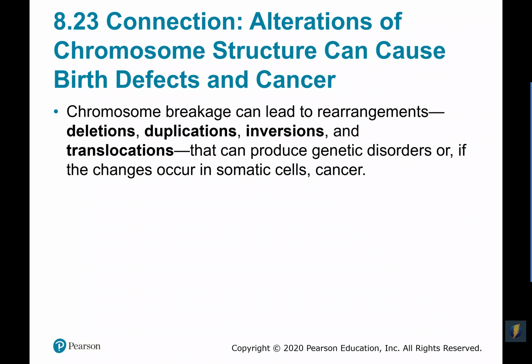Now, of course, there are ways that we can mess up our chromosomes structurally that can end up resulting in birth defects and cancer. Something like a deletion, a duplication, inversion, or translocation can result in a whole host of different genetic disorders, or if they occur in a somatic cell, sometimes cancer.